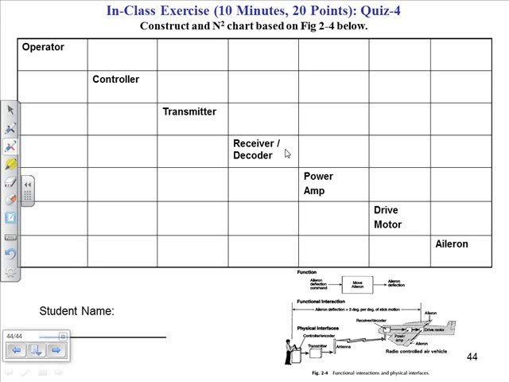If you put something that's not supposed to be there, you lose a point. So I want you to think carefully about each individual cell. Okay, everybody has a handout. Okay, so individual exercise. We have 10 minutes to do this.